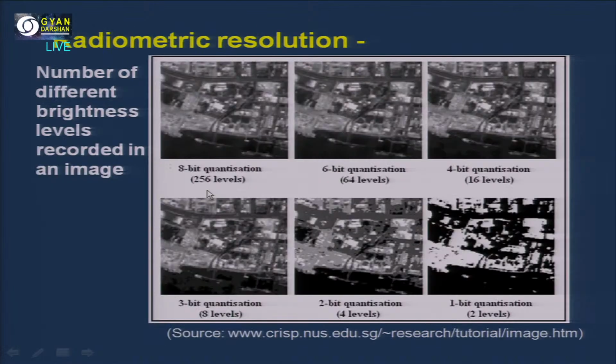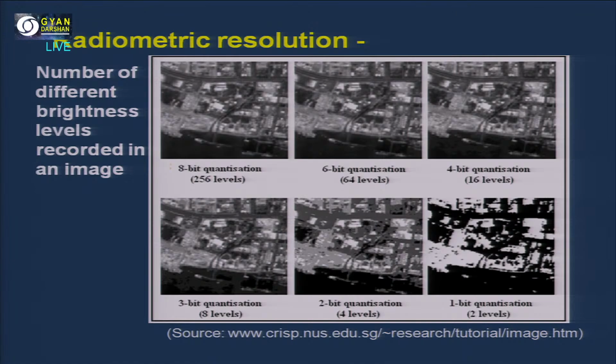The next type of resolution is the radiometric resolution. Here the information content in an image is determined by the number of digital levels that are used to express the data collected by the sensor. A definite number of discrete quantization levels are used to record, or digitize, the intensity of the flow of radiation.